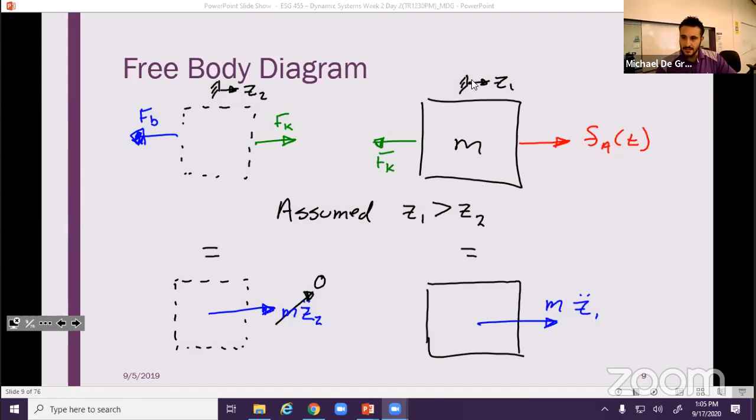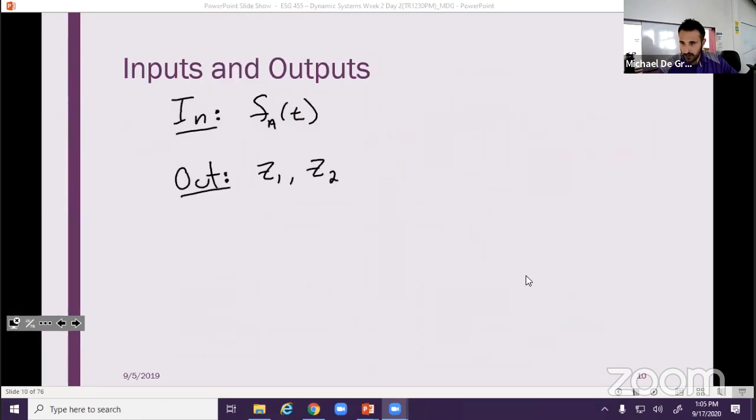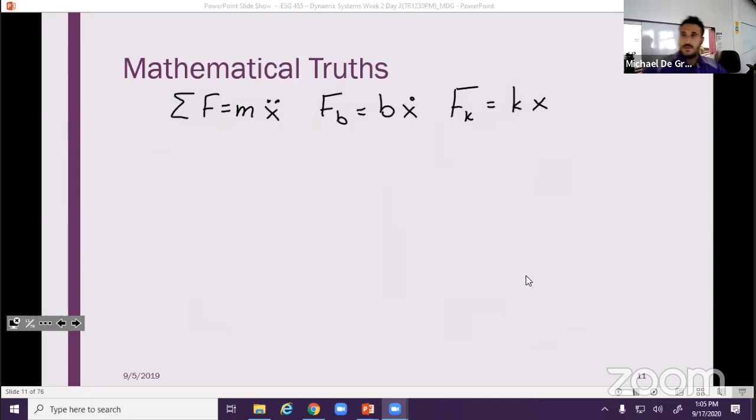So if we're in the mass, here we are. Just so we remember, everything having to do with the mass is on the right-hand side of the dashed line. So if I'm summing my forces, what do I have? Well, I have my applied force, and I have negative spring force. Now, you're probably wondering, well, Dr. D, we didn't use X. Well, I wrote this for the general case.